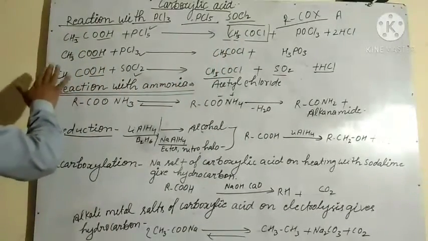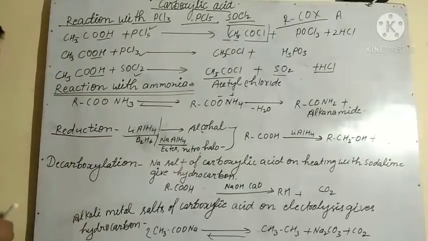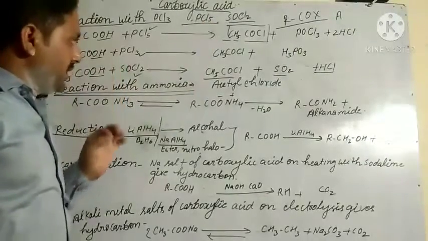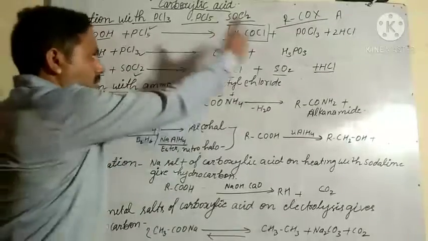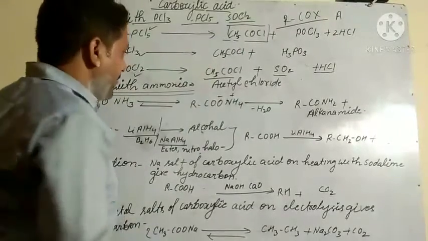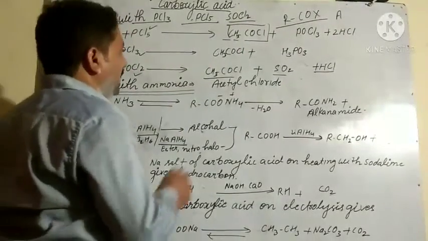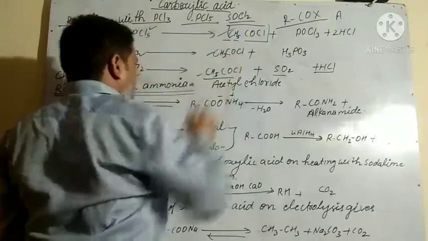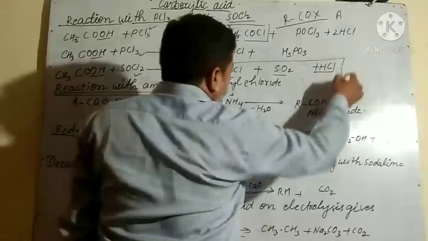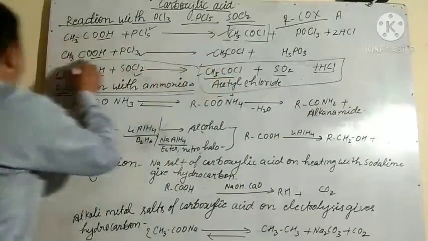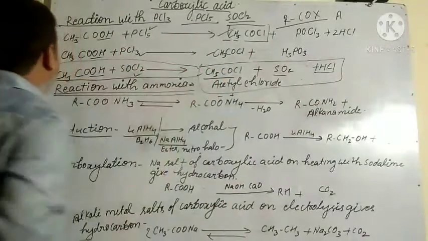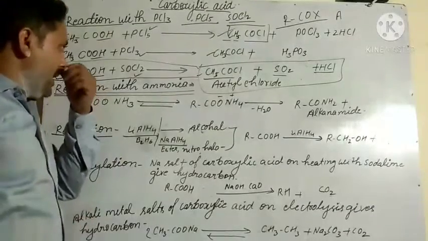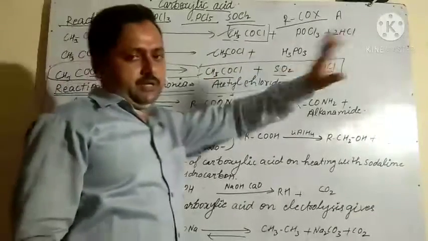We discussed that we got acetyl chloride in all the processes. But this reaction is preferred: acetic acid reacts with SOCl2, thionyl chloride, to give acetyl chloride, SO2 and HCl.